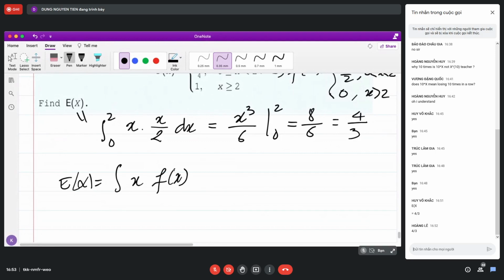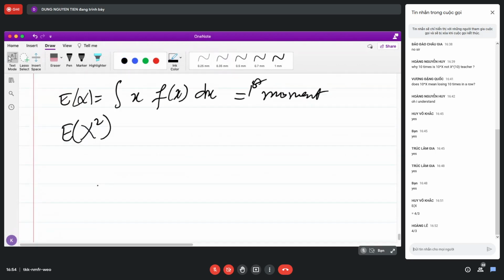So you can think of x as the distance and f of x as the weight or the density. So you come up with the moment, right? This gives you the moment. And you call it the first moment because the power here is 1. You may also want to find the second moment, which comes up with the square. So how can you get that?